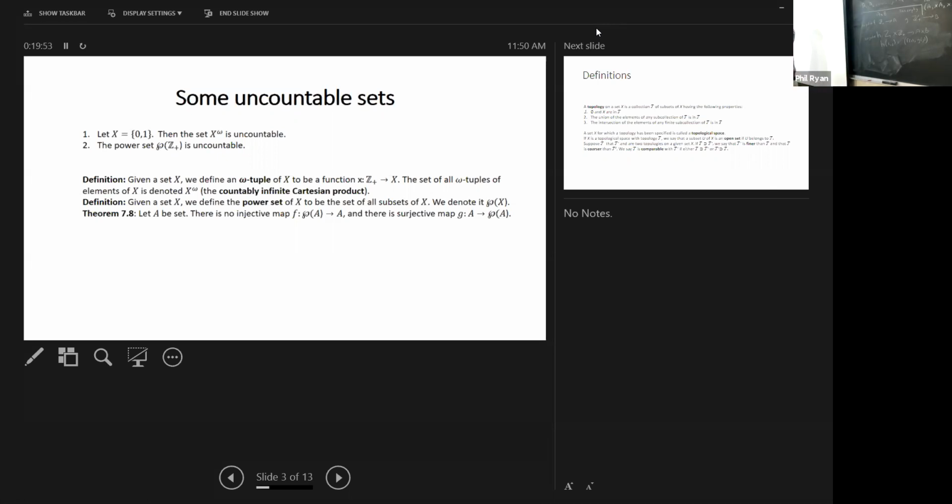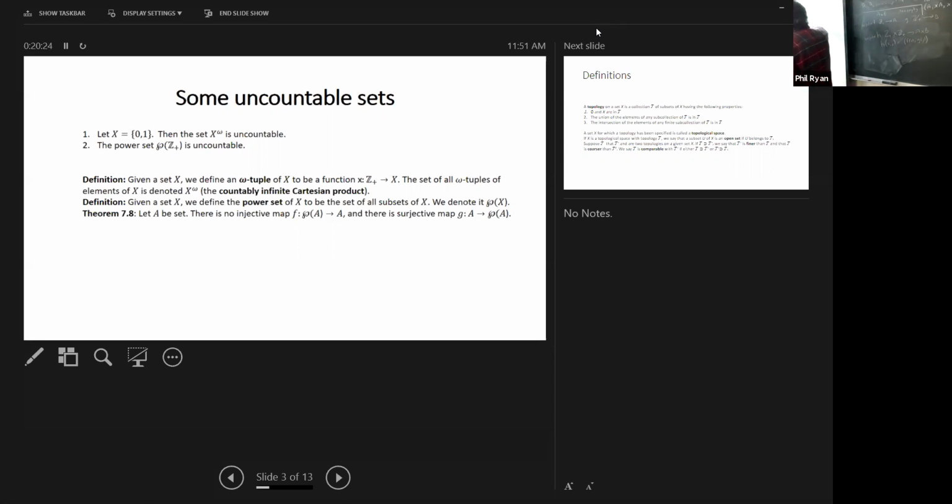And so if you look at its countably infinite Cartesian product, this is X to the omega. Given any set X, an omega tuple of X is a function that goes from Z plus to X. And the set of all such tuples is X to the omega, the countably infinite Cartesian product.